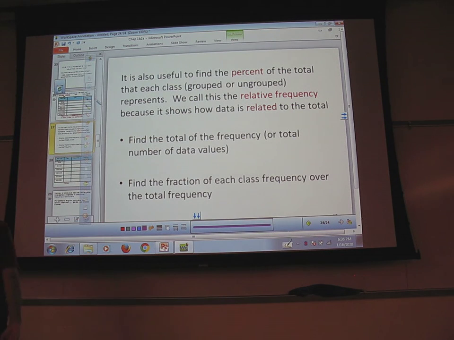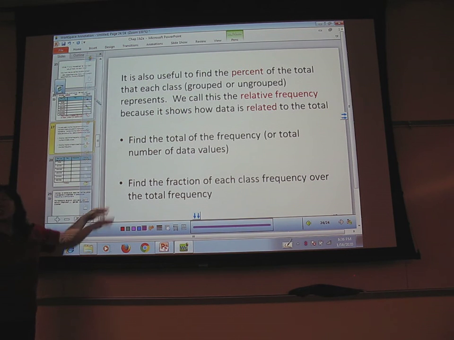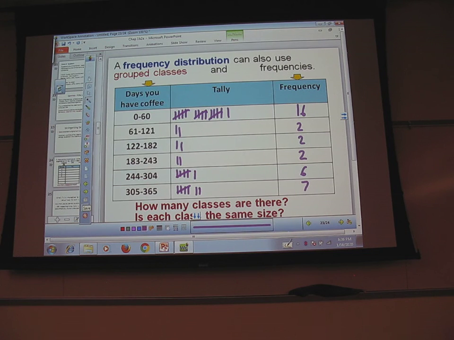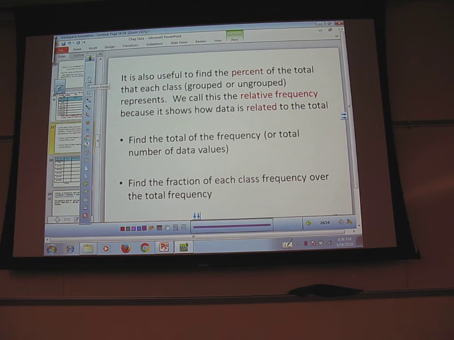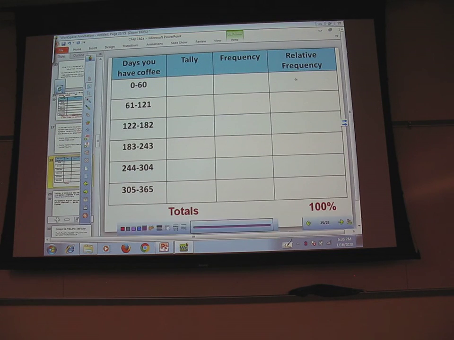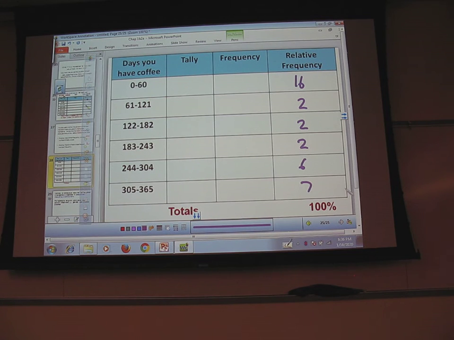How do you find this? You find the total frequency altogether, and then you find the fraction that each class is of the whole. So I'll show you what I mean. So here we have 16, 2, 2, 2, 6, 7.